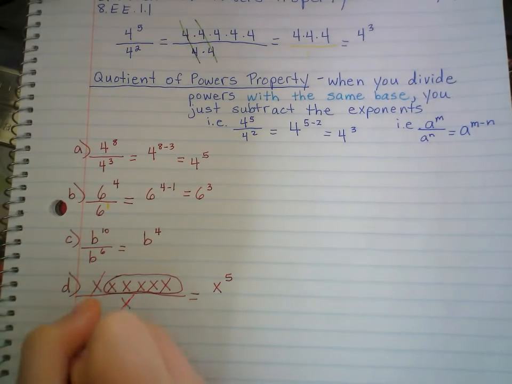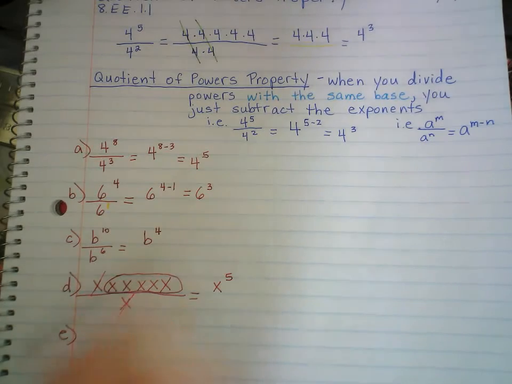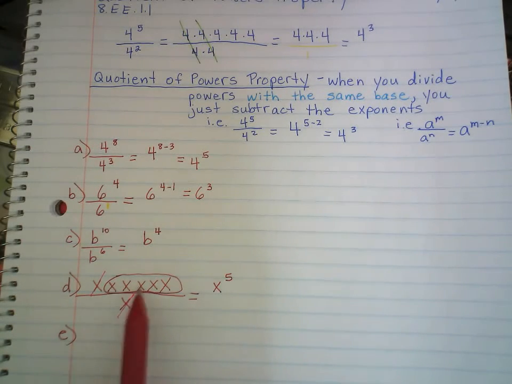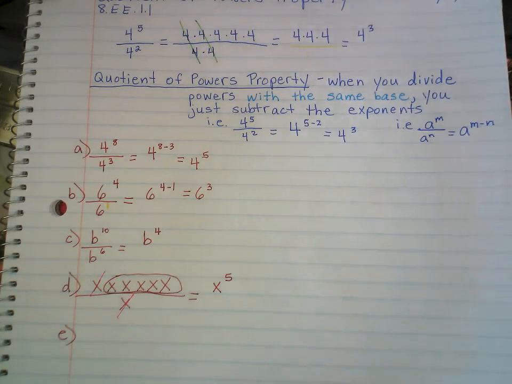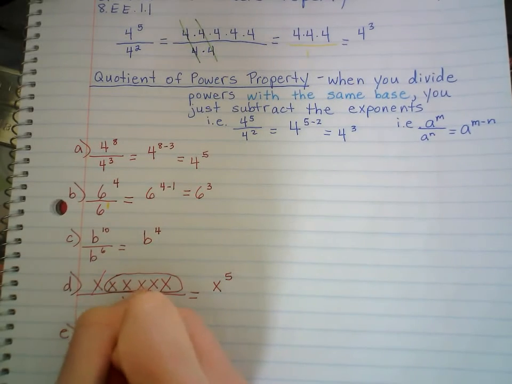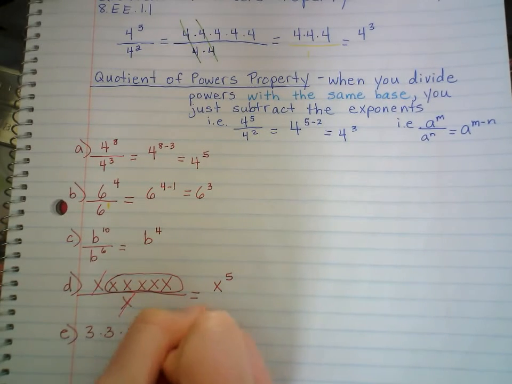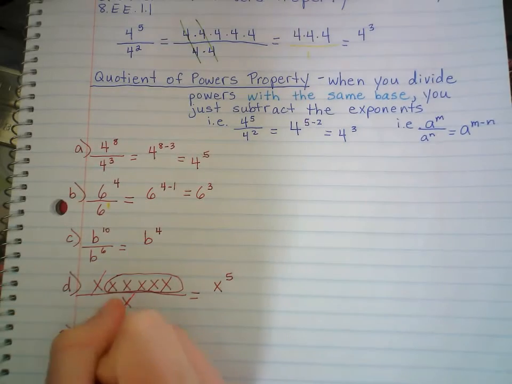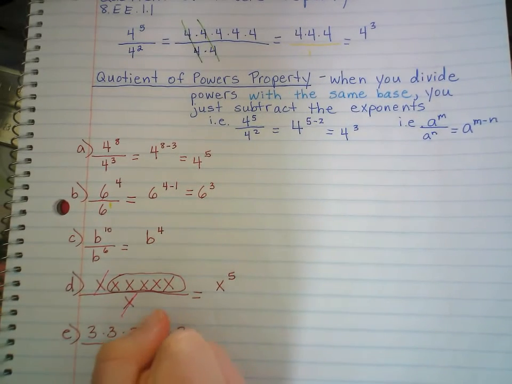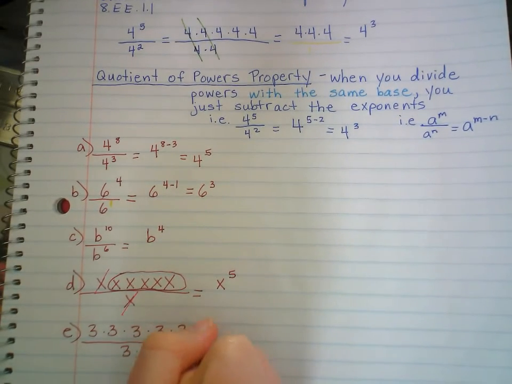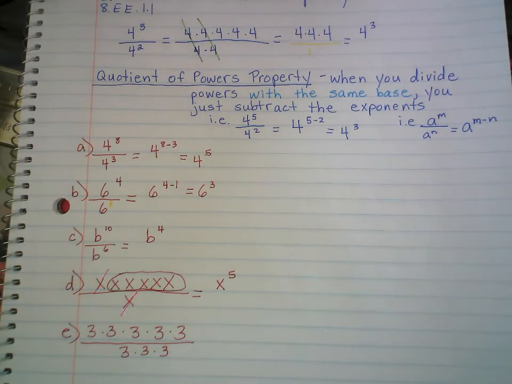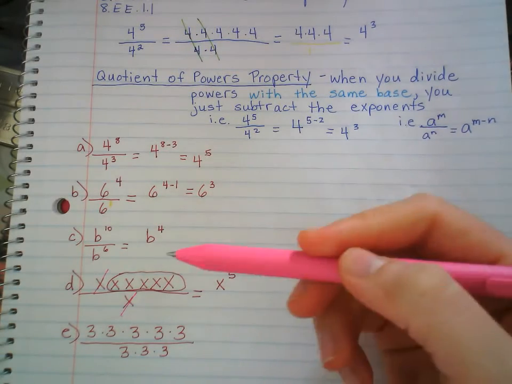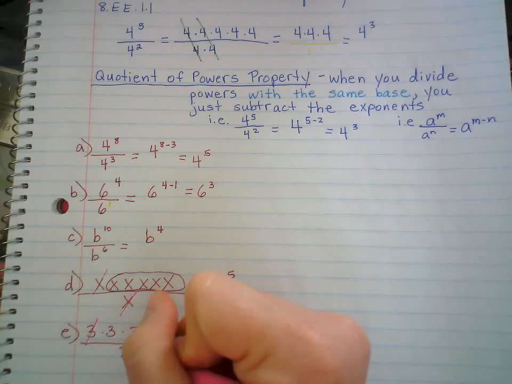Let's try that again with numbers, changing it from being multiplied to exponents. So let's say we have 3 times 3 times 3 times 3 times 3 divided by 3 times 3 times 3. So first, you cancel out.